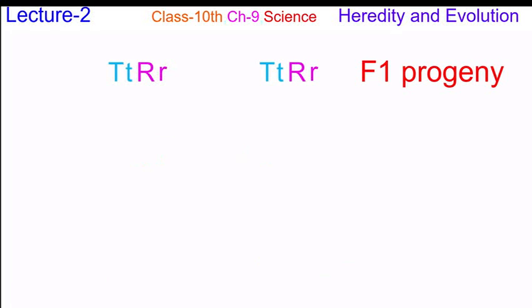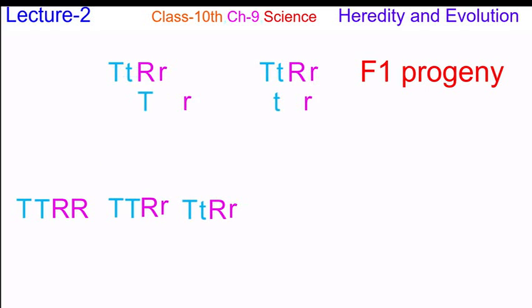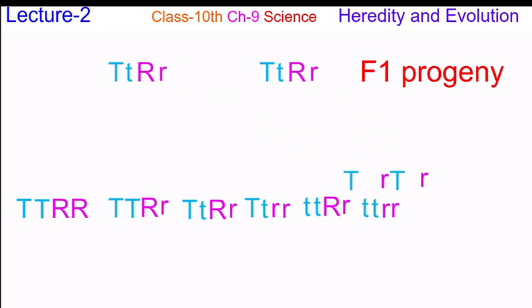Different possible combinations from these are TTRR, TTRr, TtRR, TtRr, TTrr, Ttrr, ttRR, ttRr, and ttrr, and so on.